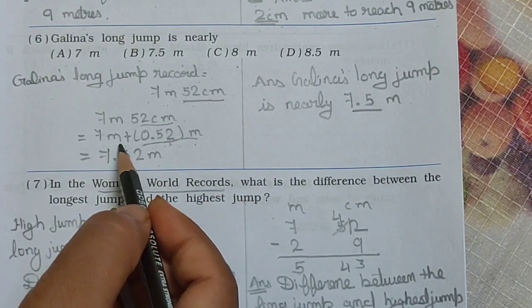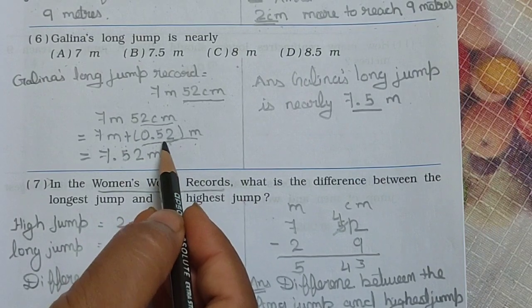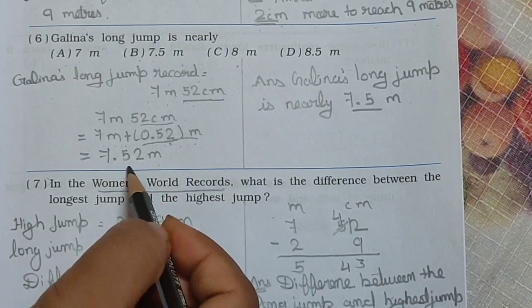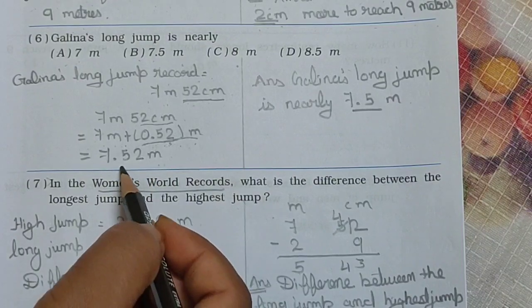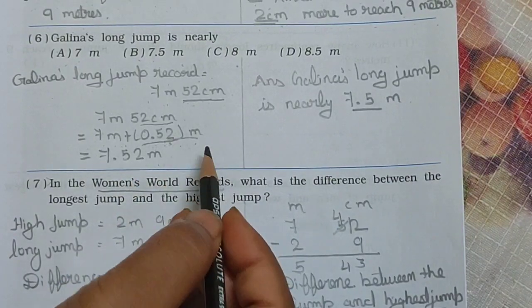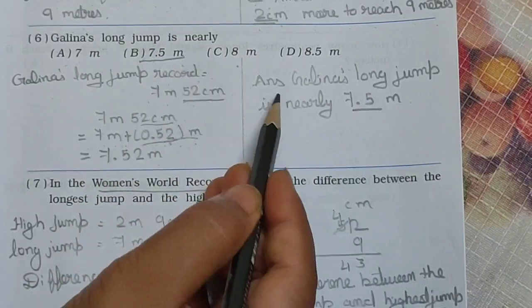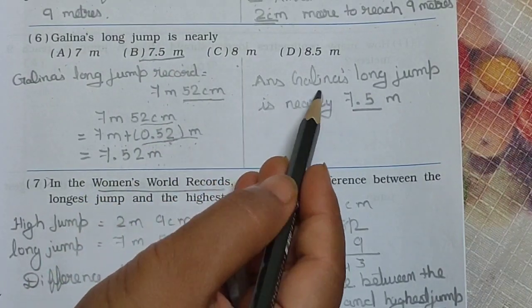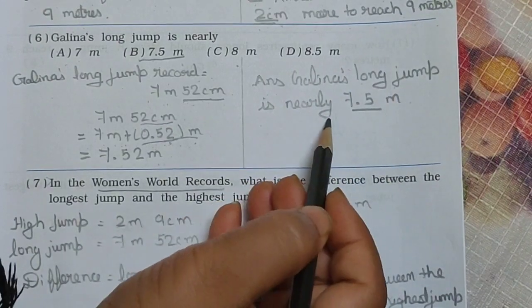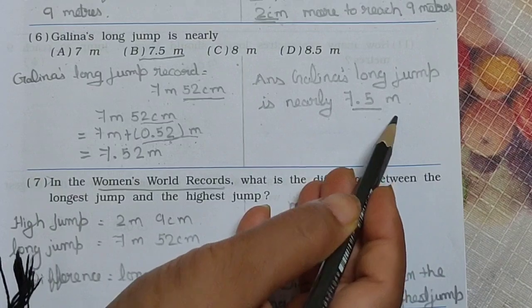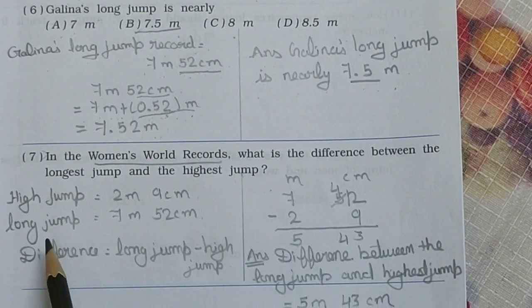Now if we add 7 meter plus 0.52, then we get the answer 7.52 meter. 7.52 means it's nearly 7.5. Your answer is Galina's long jump is nearly 7.5 meter. It's easy.